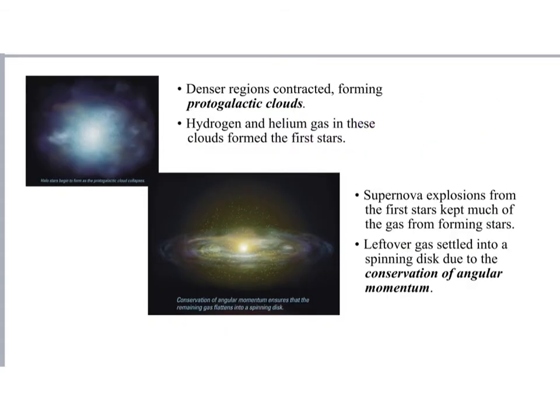And so what's going to happen next? According to these models, the protogalactic clouds that eventually form spiral galaxies initially cooled as they contracted. Okay, so they cool down as they contract under gravity.